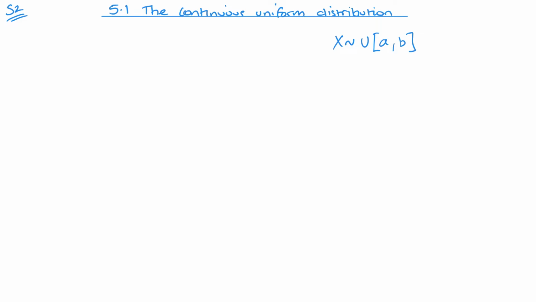Now in terms of its p.d.f, this will look something like this, and we have 1 over b minus a in here between the range of a and b, and obviously outside of that is nothing.